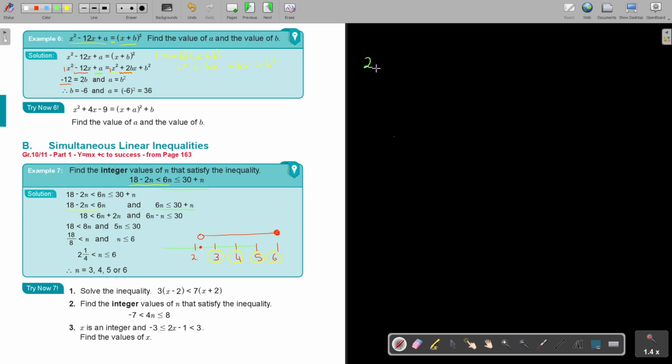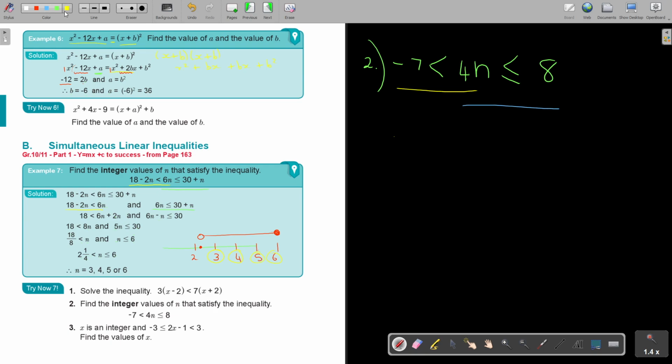So find the integer values of n that satisfy, negative 7, then the inequality, 4n, and then it's going to be 8. So form 2 out of it. So form 1 and form another one.